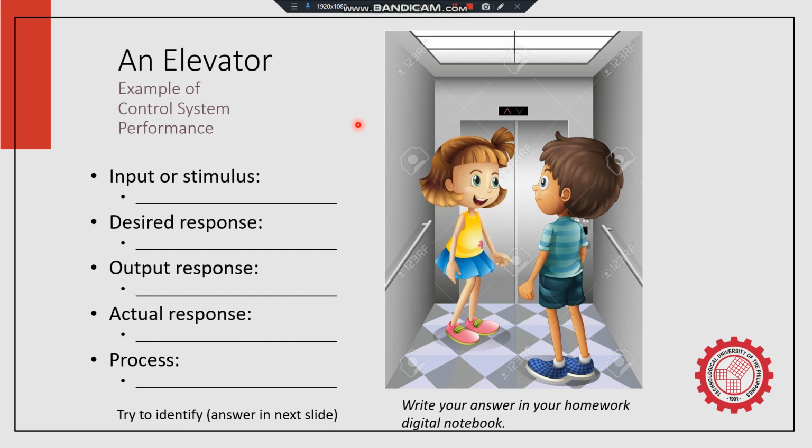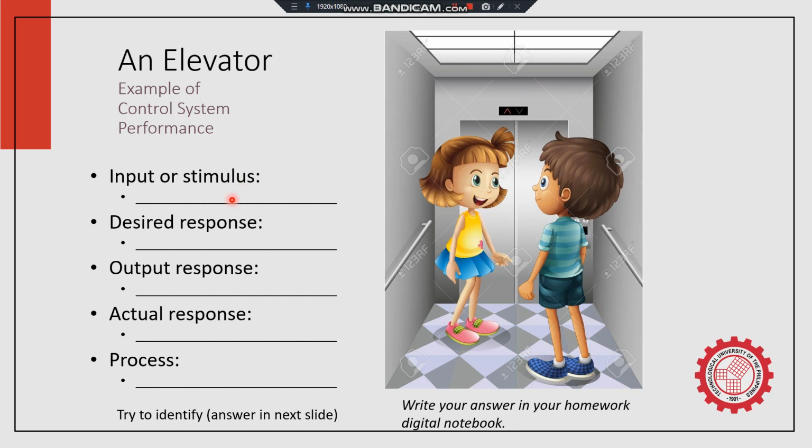What do you think is the answer to this in our elevator system? So you could practice if you are learning something. Of course, we are going to answer this in the next slide, but just as an activity for you to tinker about.